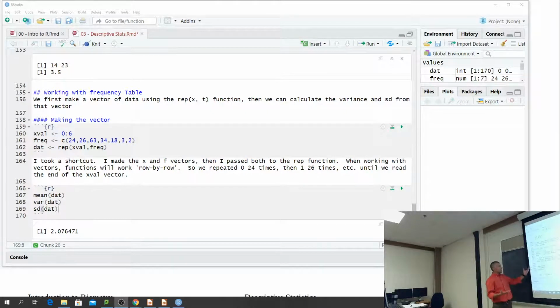I don't like using x, because I use it so much to represent what we type into a function, so I'll use x val. I created the object x val, and the numbers are 0 to 6, so I shortened it by doing 0:6, and that gives me a vector from 0 to 6 in whole numbers, so 0, 1, 2, 3, 4, 5, 6.